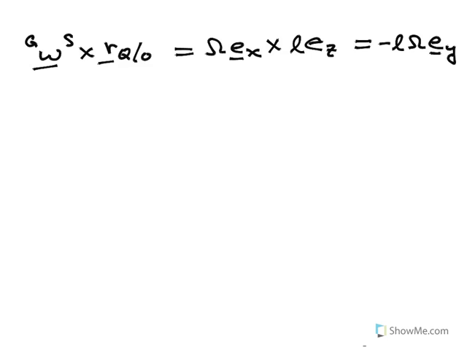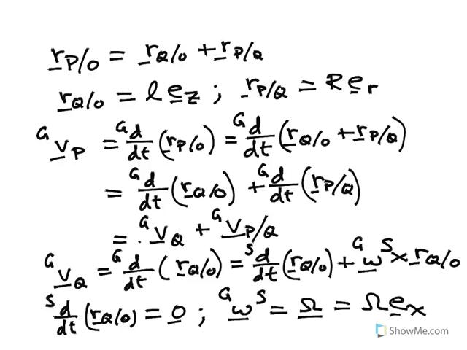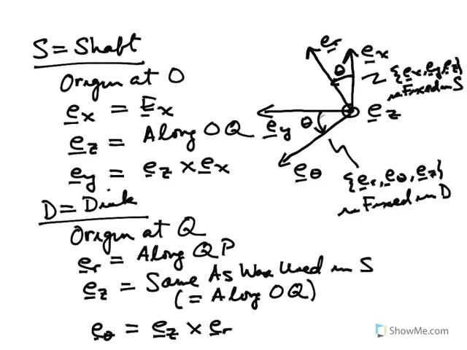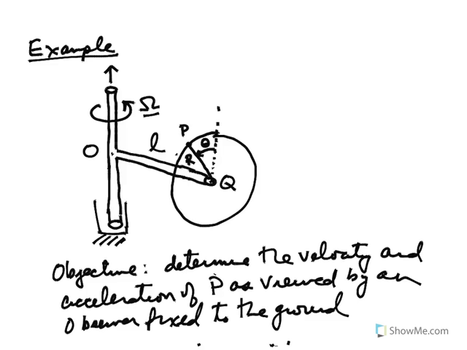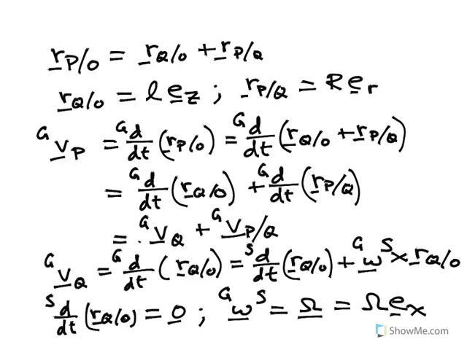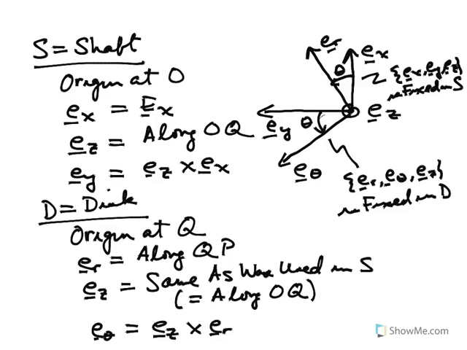Right, so that takes care of that. And if we look back here, you'll see that the velocity of this point Q is moving in a direction such that you take EX crossed with EZ, because EX is the first direction here, and it's fixed to the shaft. It's along omega, and then I put EZ along OQ.